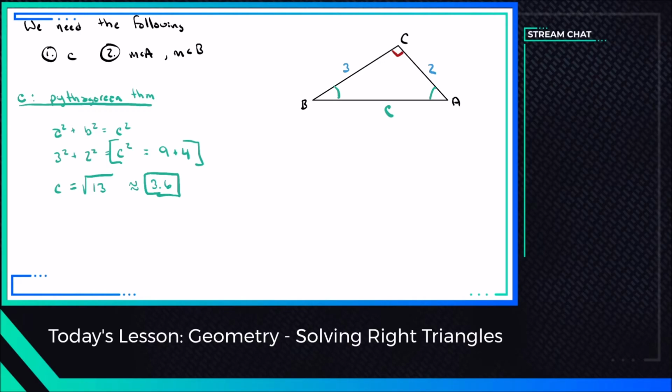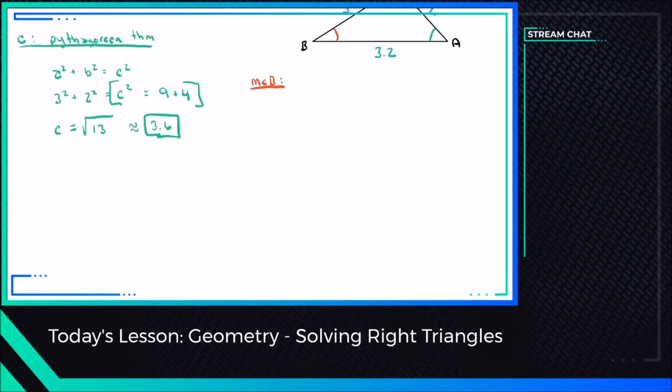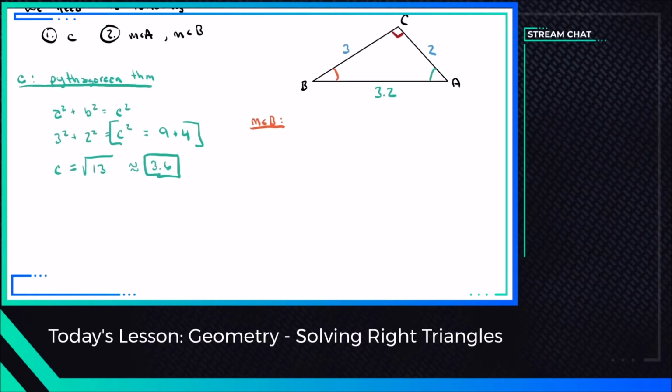All right, and now we can go ahead, we can plug that in right here. So that's 3.6. Let's go ahead and use a different color for our angle B here. We'll use this nice orange color. All right, to find the measurement of angle B, why don't we use one of our inverse ratios? And if we look at the information that is given to us with angle B, if we go across from B, the side opposite, we have that.